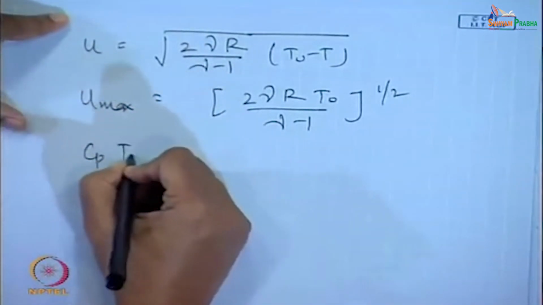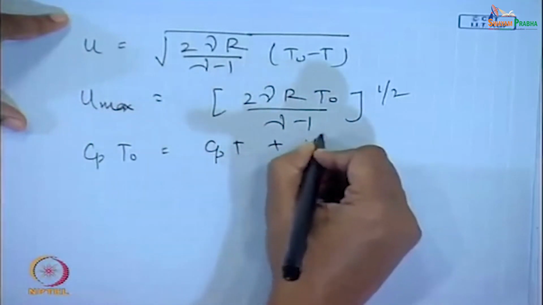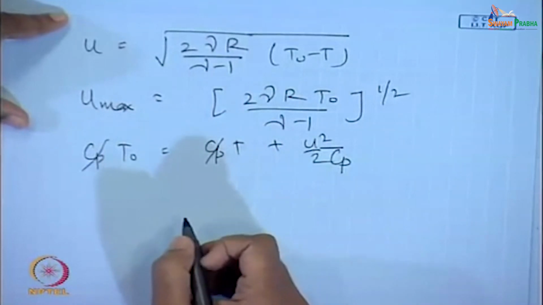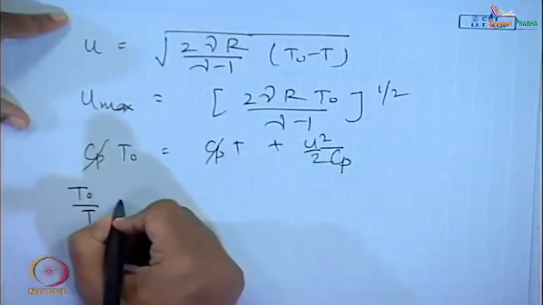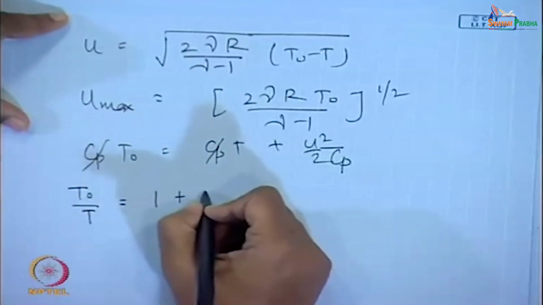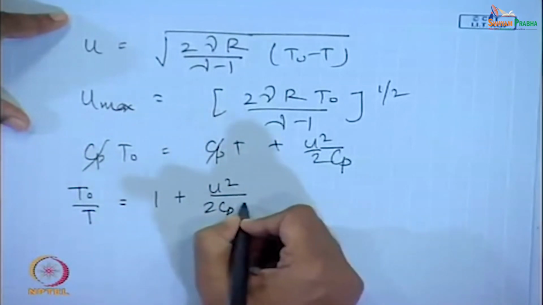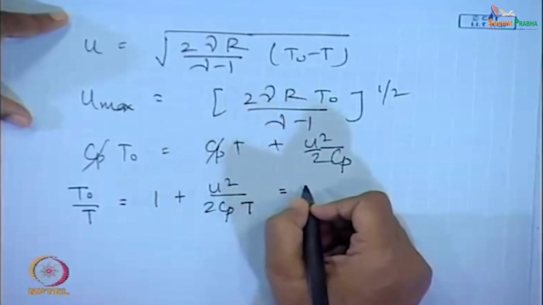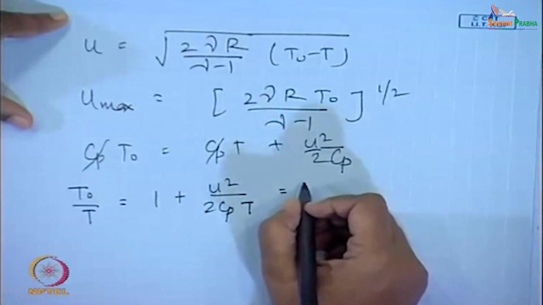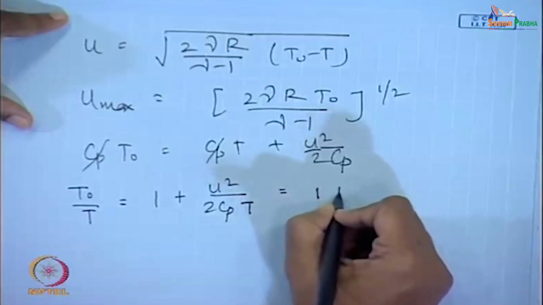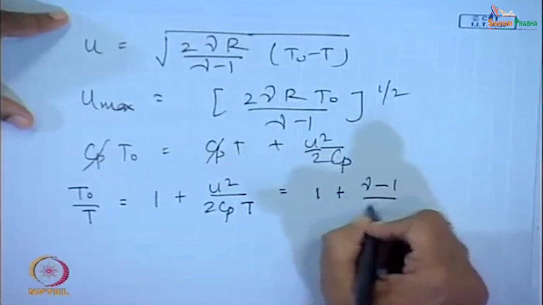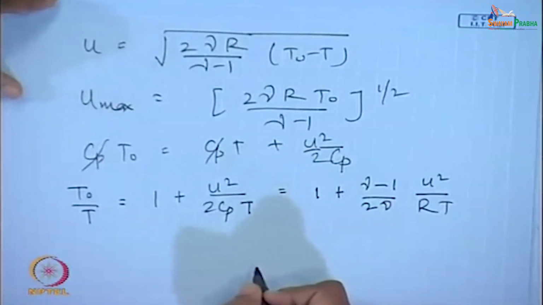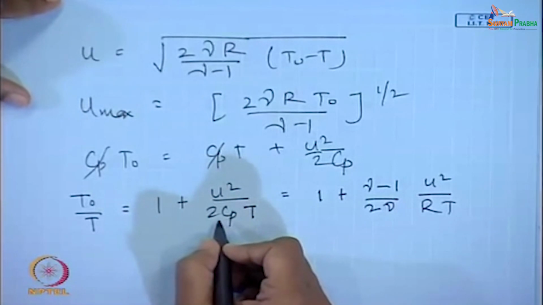We get Cp T0 equals Cp T plus u square by 2, or we can write T0 by T as 1 plus u square by 2 Cp T. Substituting Cp as gamma R by gamma minus 1, we get 1 plus (gamma minus 1) by 2 gamma times u square by R T. Yes, we have just substituted Cp, we have not done anything else.